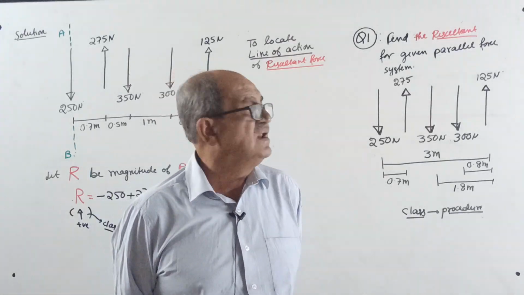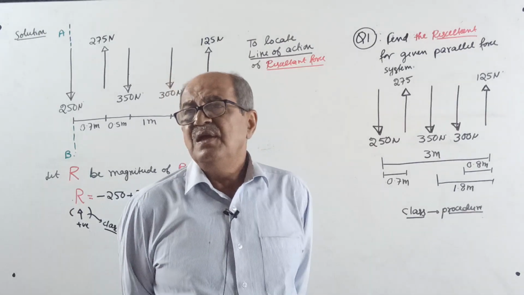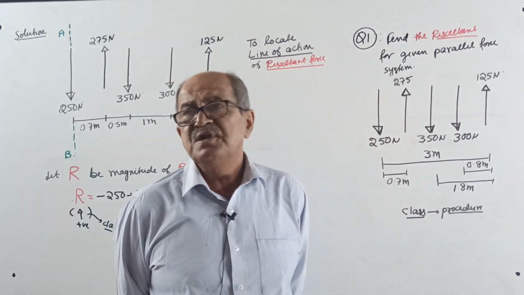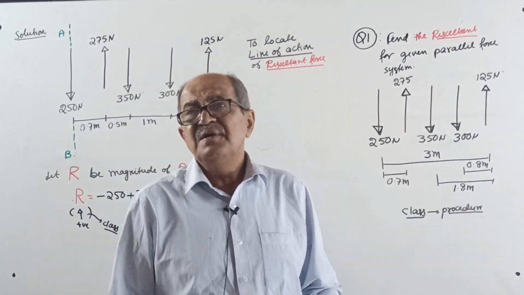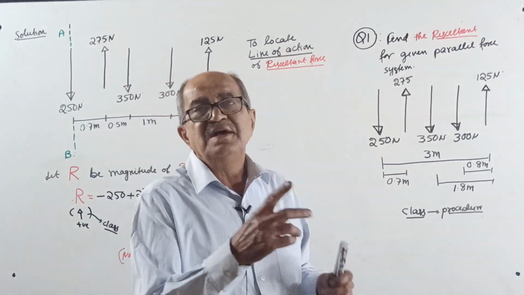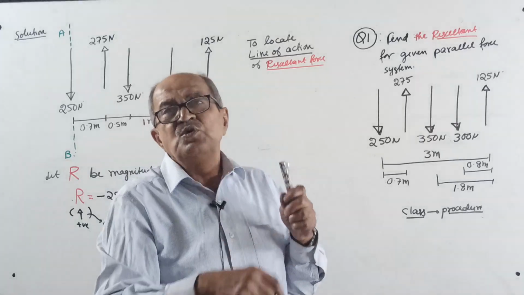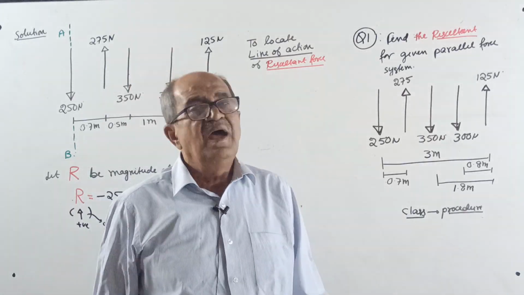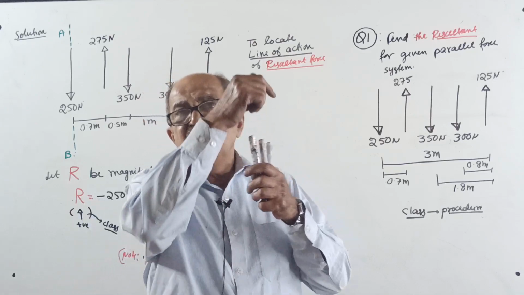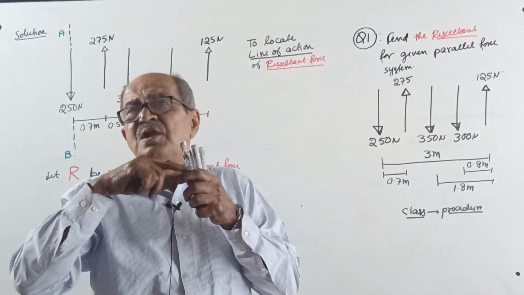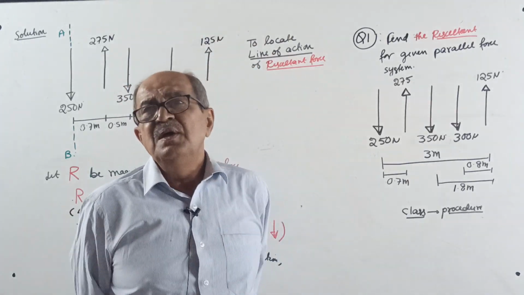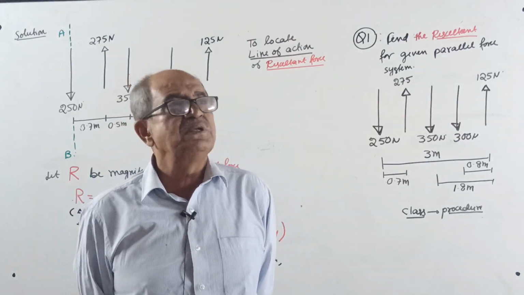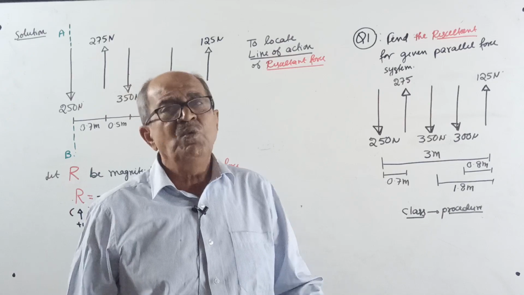For your information, for finding the resultant for a like parallel force system, some extra theory is there. In the books you can see resultant equals sigma P, that is P1 plus P2 plus P3 plus P4 etc. And the distance of the line of action of the resultant, some people call x bar or y bar, equals P1 x1 plus P2 x2 plus P3 x3 etc. divided by P1 plus P2 plus P3 or the resultant.